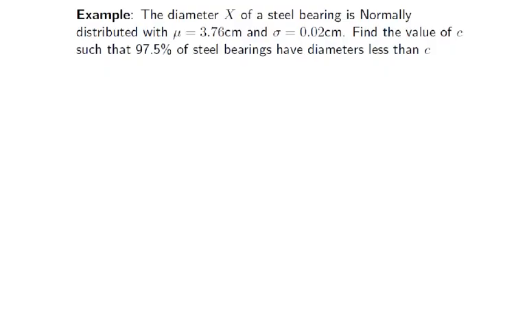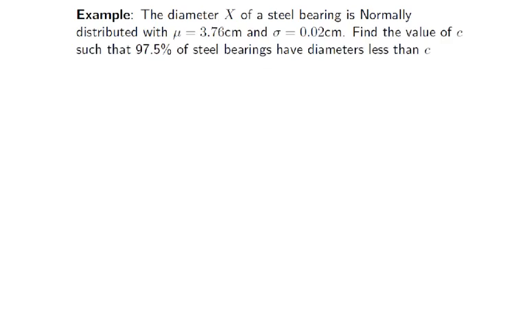So the last type of problem is illustrated by this example. The diameter X of a steel bearing is normally distributed with mean value 3.76 centimeters and standard deviation 0.02 centimeters. Find the value of c such that 97.5% of steel bearings have diameters less than c.